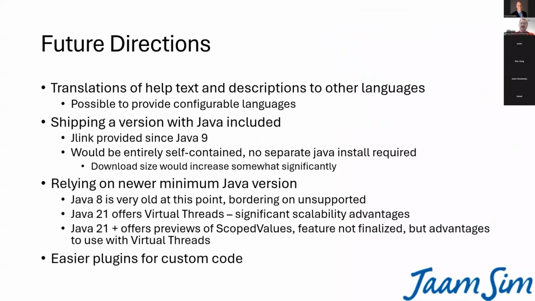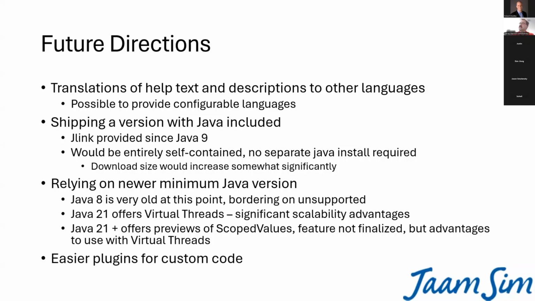So that's a pretty high level description of what is in JaamSim and how you might customize it with your own functionality. That leads to a bit of a discussion about where we, or at least where I'm interested in taking JaamSim over the short to medium term.